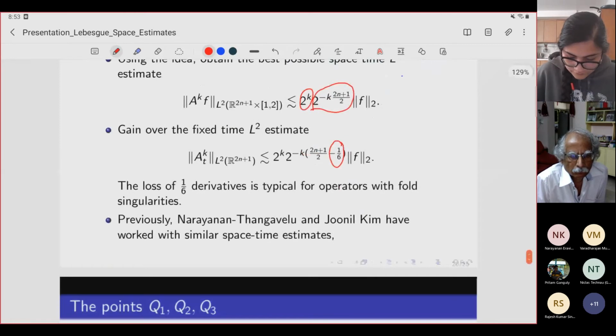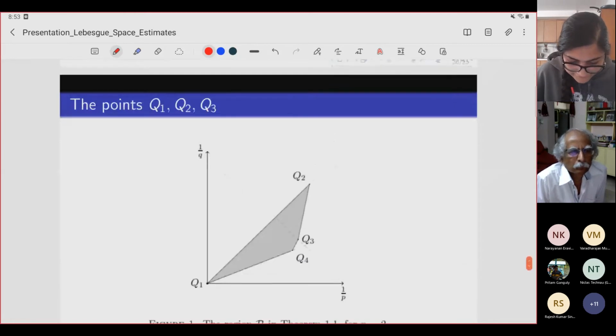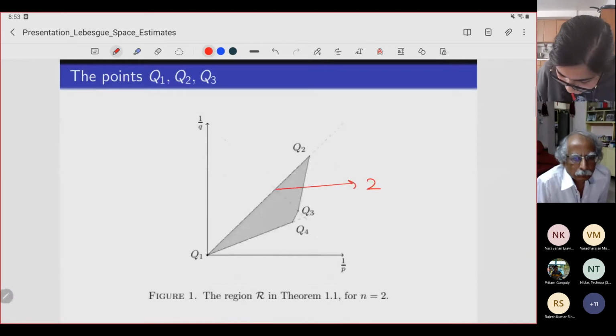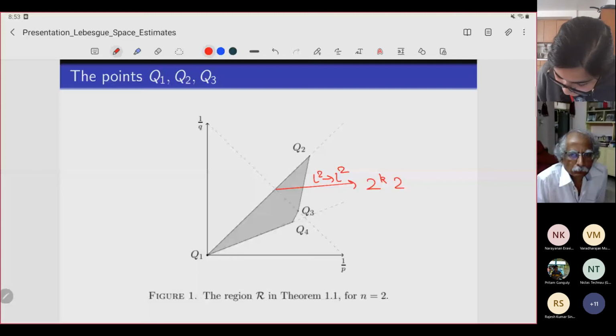Right. So now we have the nice L2 estimates, and what's the idea? You gain a lot here, 2 to the power k. So this is the L2 estimate: 2 to the power negative k times (2n plus 1)/2. And then you have some nice, almost trivial estimates available at some of the endpoints. So this is the L1 to L1 estimate for the A_k.